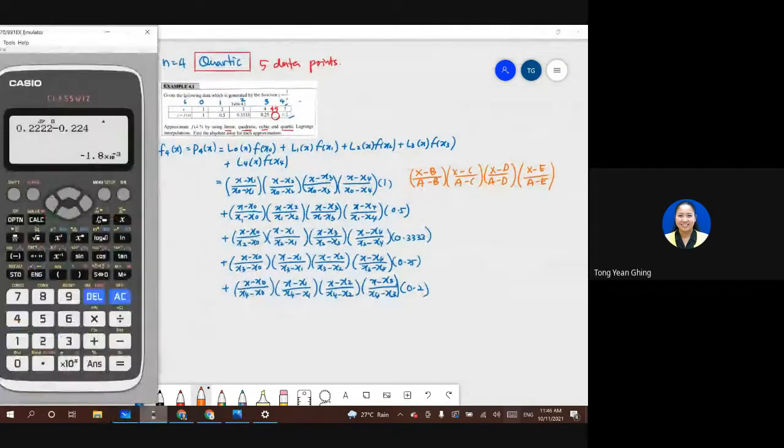So using the calculator, I will use this equation.